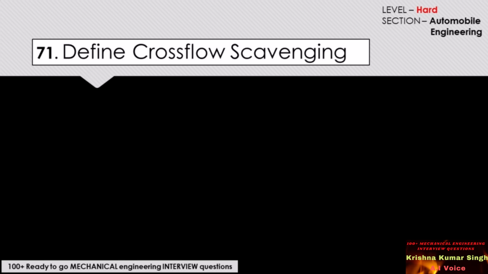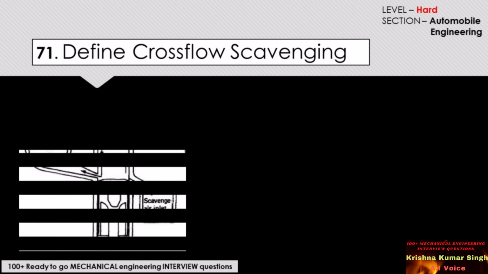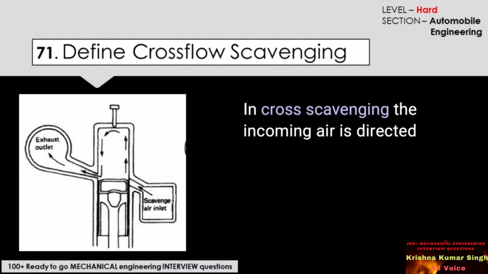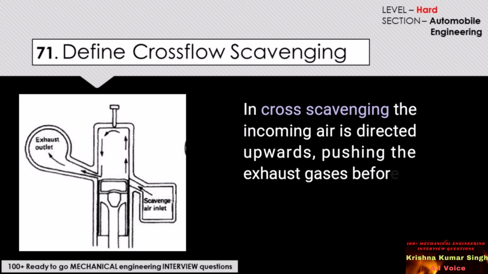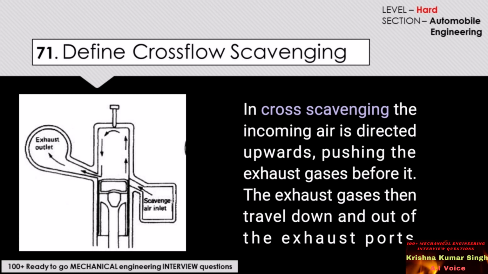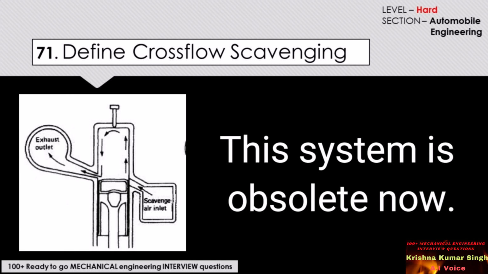Define cross-flow scavenging. In cross-flow scavenging or simply cross-scavenging, the incoming air is directed upward, pushing the exhaust gases before it. The exhaust gases then travel down and out of the exhaust ports. However, this kind of system is obsolete now.